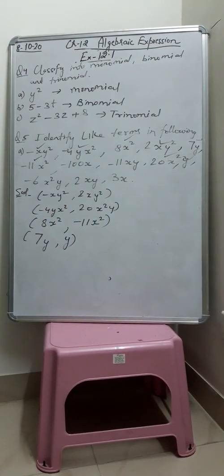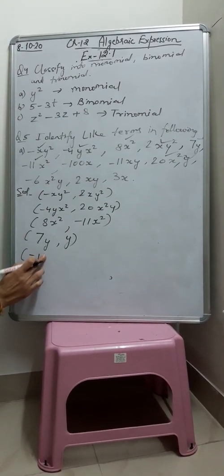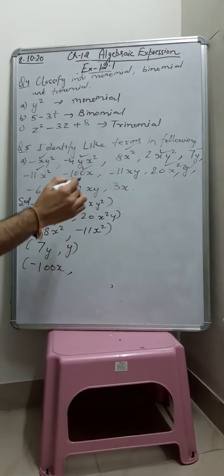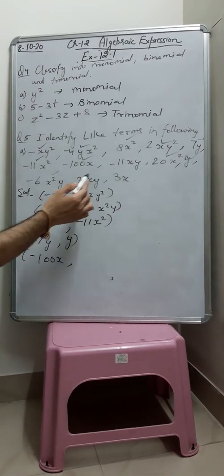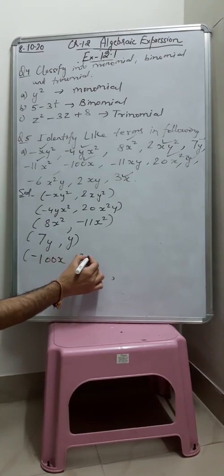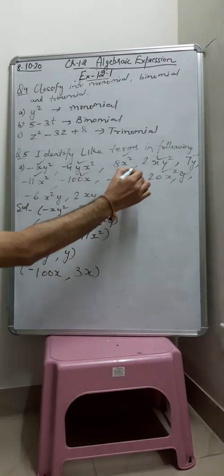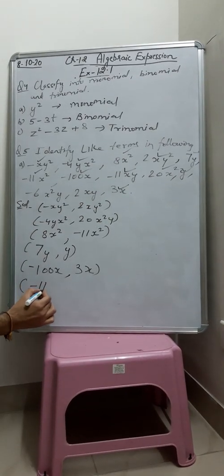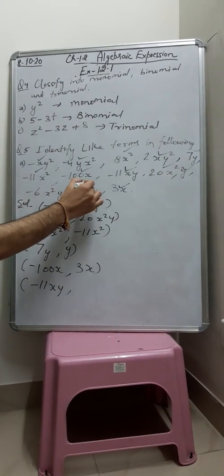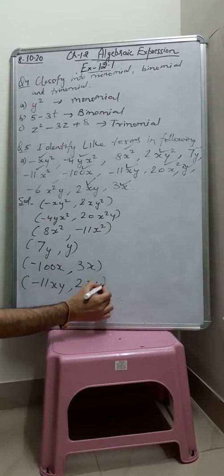Now next is minus 100x. Now find out which term has x. So this is here. The like term of minus 100x is 3x. So next we are going to take minus 11xy. Which term has xy? This here. So the like term of minus 11xy is 2xy.